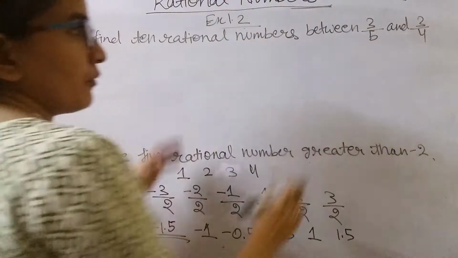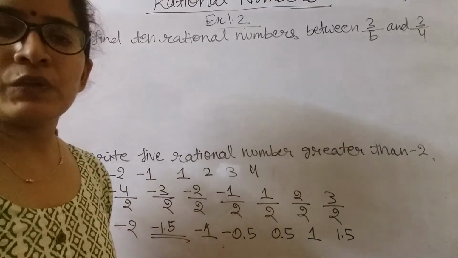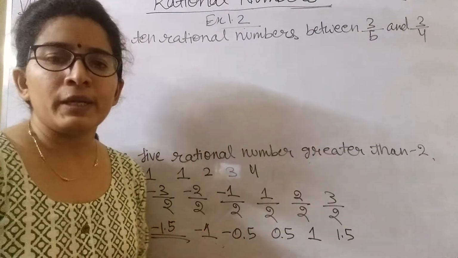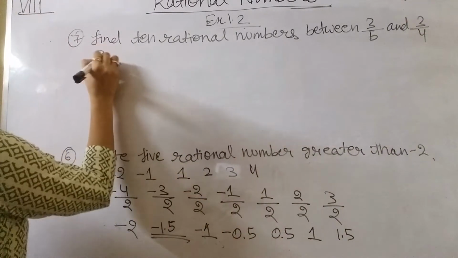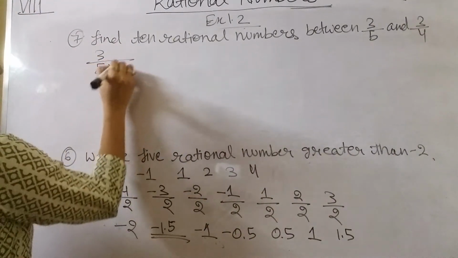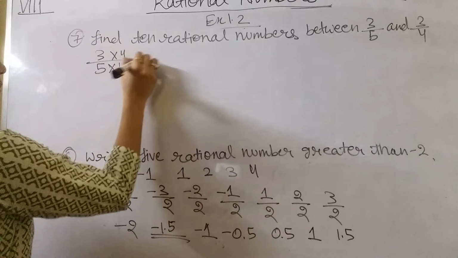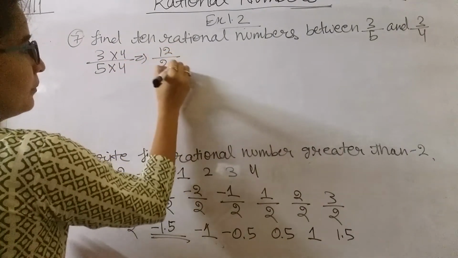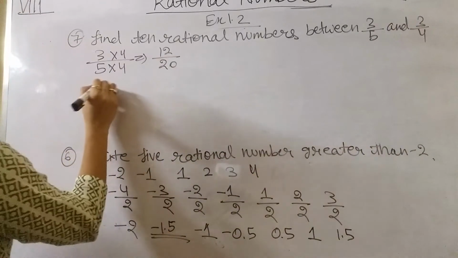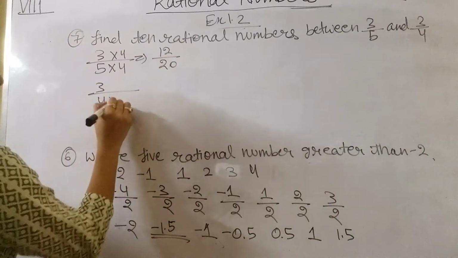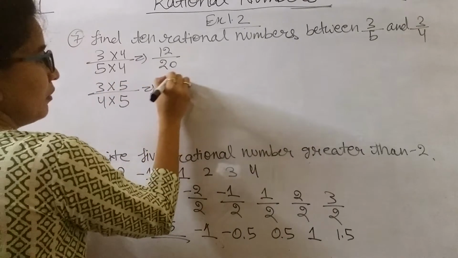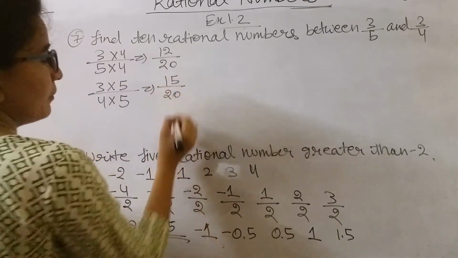Now for finding the rationals between 3 upon 5 and 3 upon 4, again we have to make the denominator same. So we will multiply 3 by 5 with 4, that will be 12 upon 20. And for 3 upon 4 we will multiply it with 5, that will be 15 upon 20.